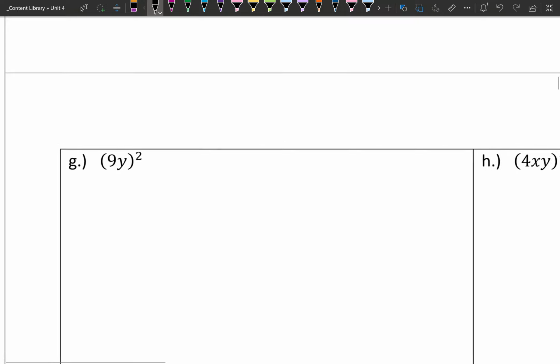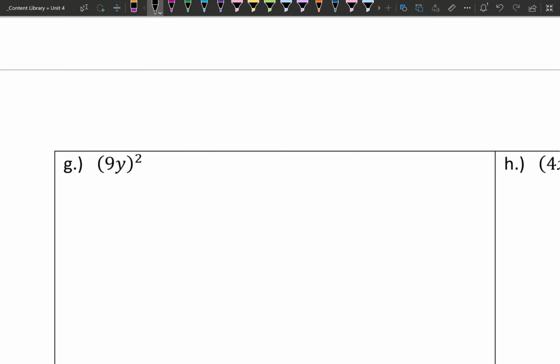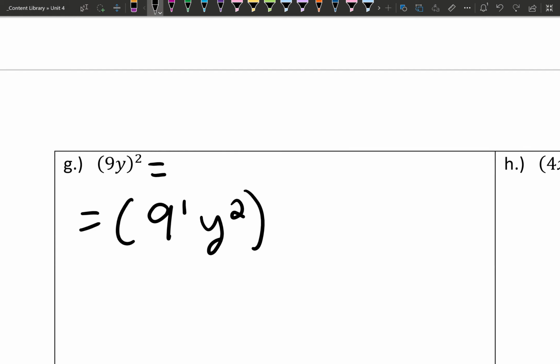Let's do a few more with this similar but not distributive property. I'm going to first rewrite this as 9 to the power of 1 and y to the power of 2, all to the power of 2. When something doesn't have a power written, it's that invisible one that we keep seeing, or not seeing. So I'm going to write it there just for these example purposes.